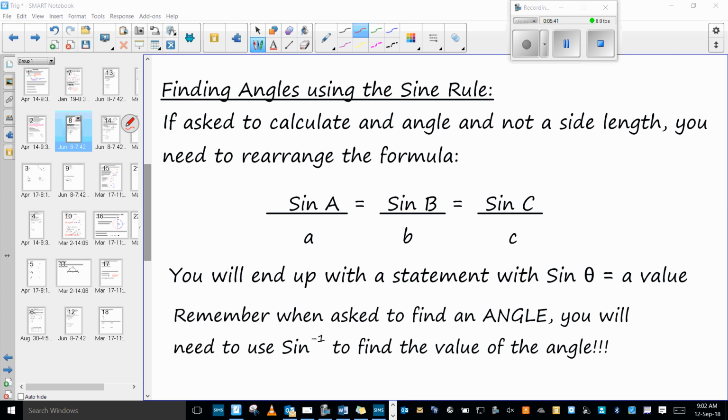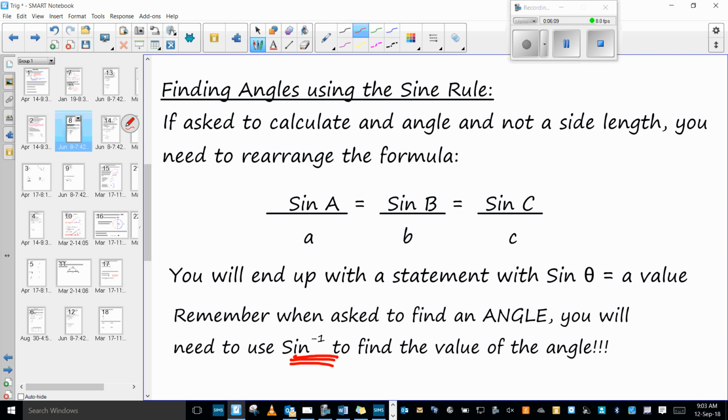If you're trying to find an angle, I would suggest you start with the thing that you're trying to find on the top. Because as I said the other day, when it comes to rearranging, sometimes people are not quite sure with it, and then it starts to go a little bit wrong. If you're trying to calculate an angle, you will be using the inverse sine button at some point, because you will end up with a statement that sine of your missing angle is equal to some kind of number or expression.